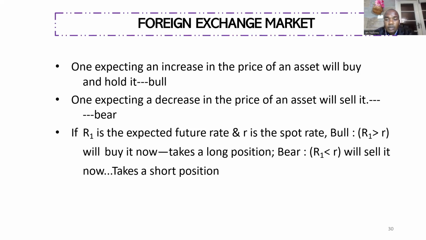So if we started at 1:15, the bull will be participating in foreign exchange markets, or in money markets or financial markets of assets which are foreign currency denominated, with a view that the exchange rate will depreciate, because when the rate is increasing from 1:15 to 1:17, the domestic currency is actually depreciating in terms of value. So the bull will buy the asset now.